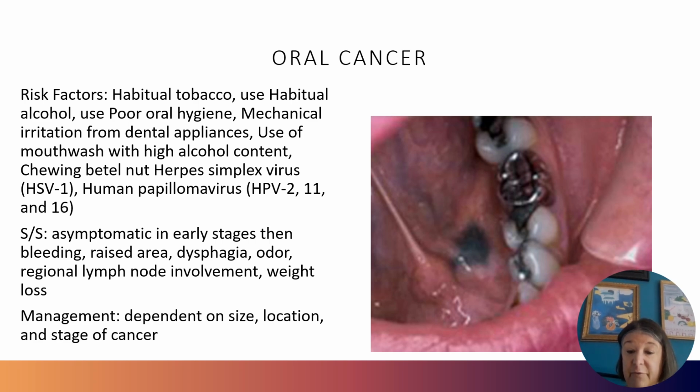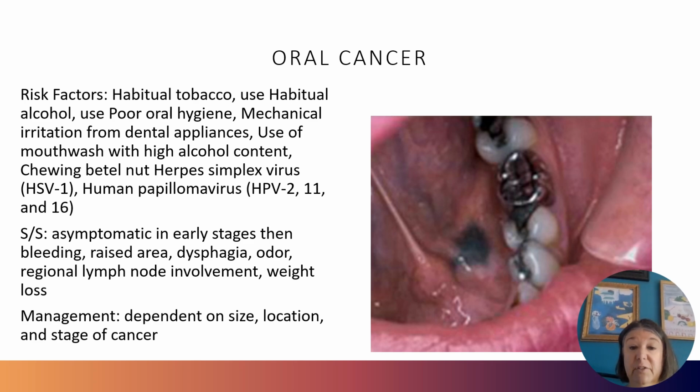Apparently, this is something in the Philippines, and betel nuts come from some plant in the Philippines, but chewing betel nut actually has a high cancer risk related to it. So this would be like a cultural consideration sort of thing. And then, of course, herpes simplex 1 or 2, honestly, and HPV. All of those can have cancer risks.